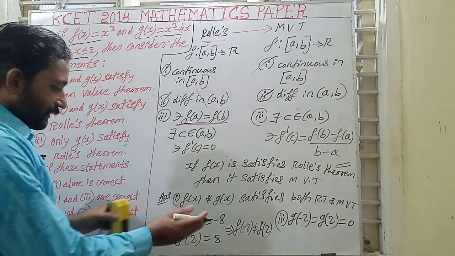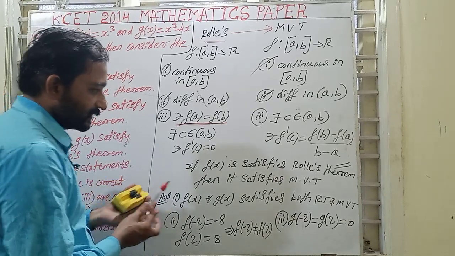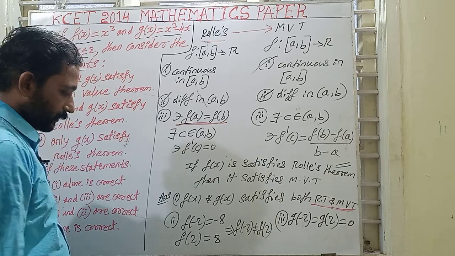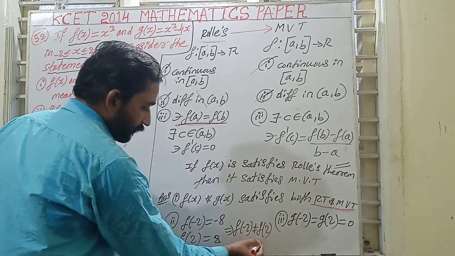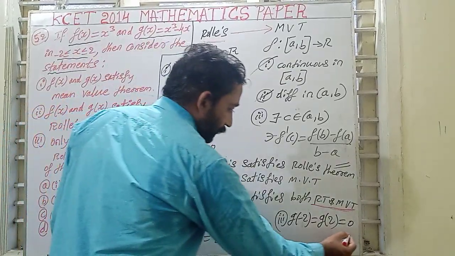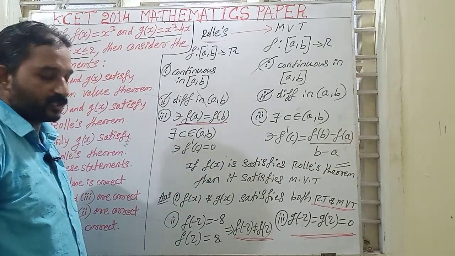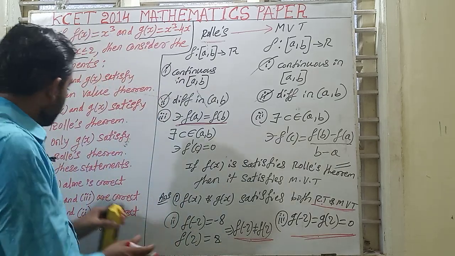So in this case you notice f of x and g of x satisfy both Rolle's theorem and mean value theorem, but f is not applicable for Rolle's theorem, because f of -2 is not equal to f of 2. G is applicable for Rolle's theorem, because g of -2 is equal to g of 2. Using these three conditions, find the answer.